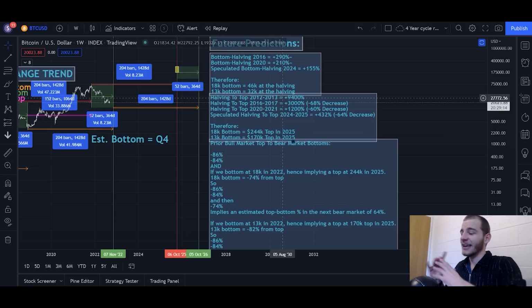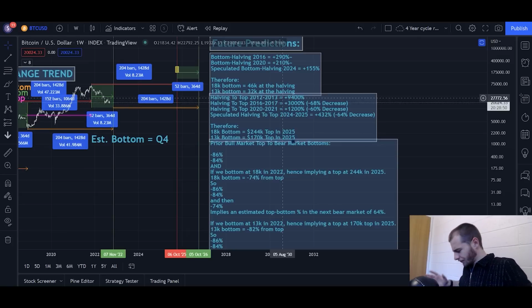Okay, so again, if Bitcoin bottoms out in this cycle, in Q4, as per the 4-year cycle theory, at 17.5K, we will top out in 2025 around 244K, in October 2025. Now, if we bottom out at 13K instead in this cycle, okay, we go down in Q4 this year, we bottom out at 13K instead of 18K, we will top out at 170K in 2025.